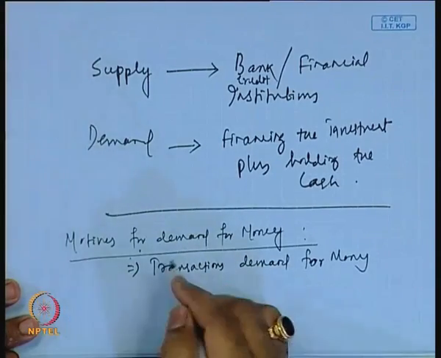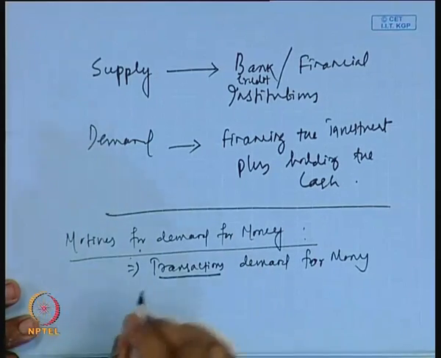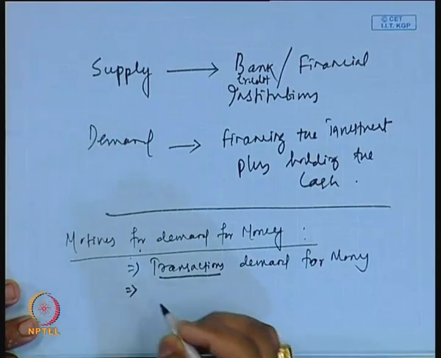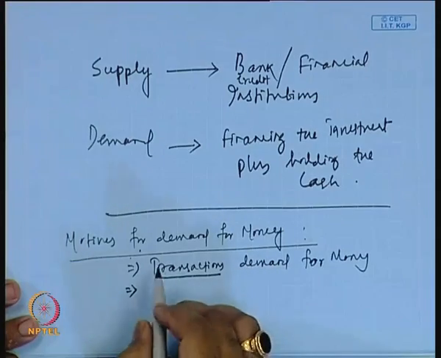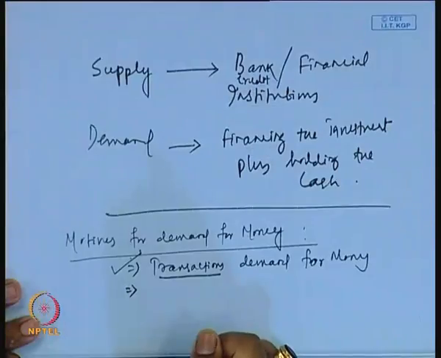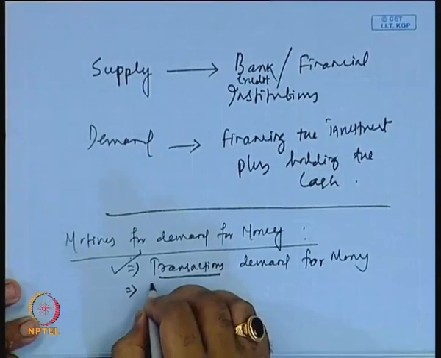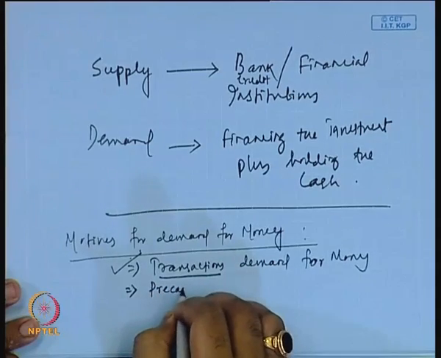But then when Keynes came, he said it is true that money is always demanded for transactions, but he added that money can also be demanded for the precautionary motive.